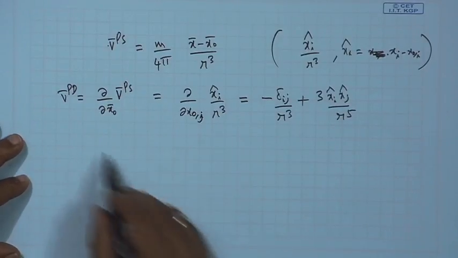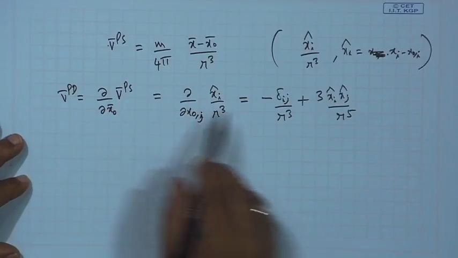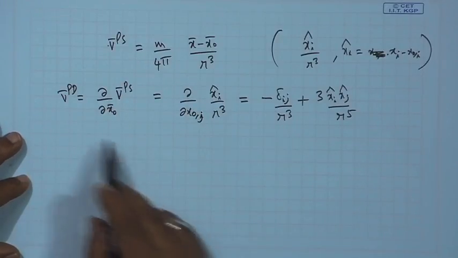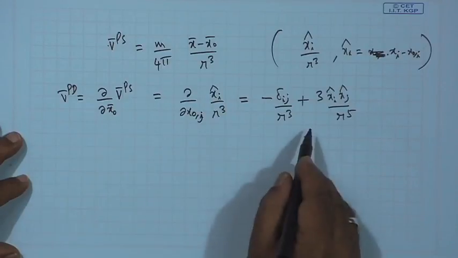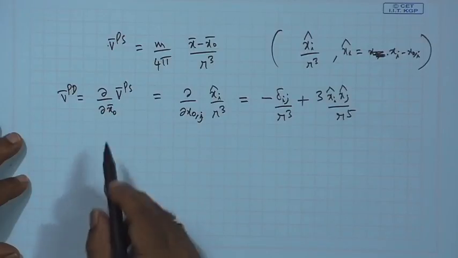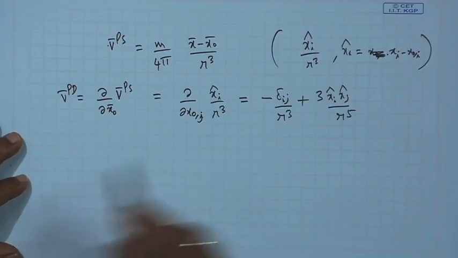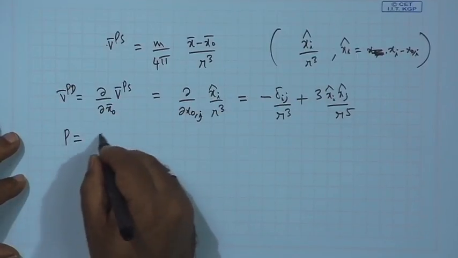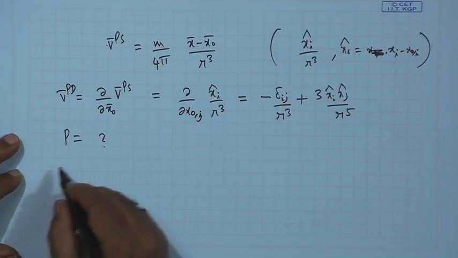So, this is the corresponding solution for the derivative singularity, which means this also represents a potential solution, but also represents a solution of the Stokes flow, and the corresponding pressure. It is very easy.